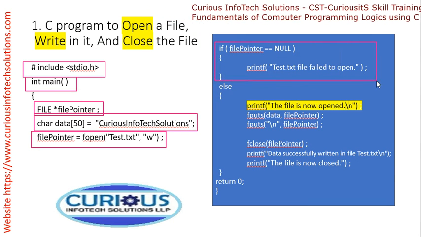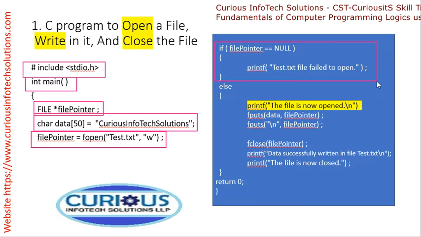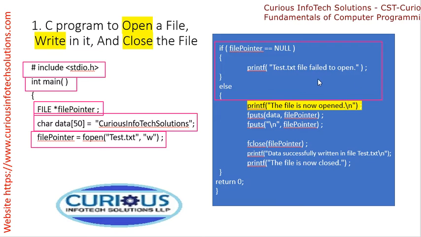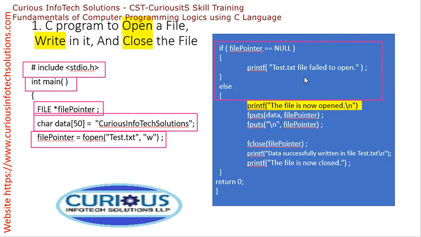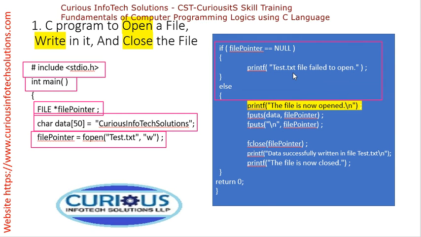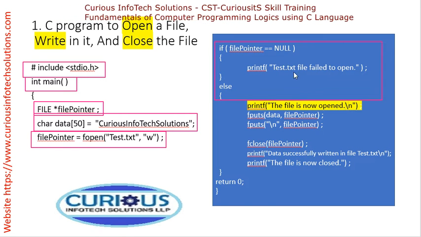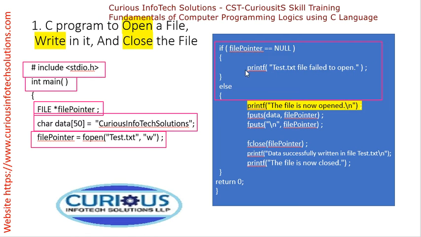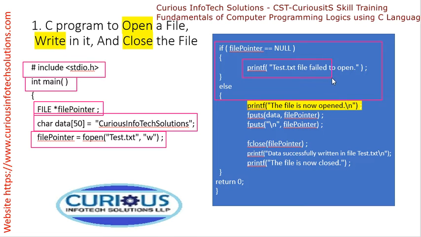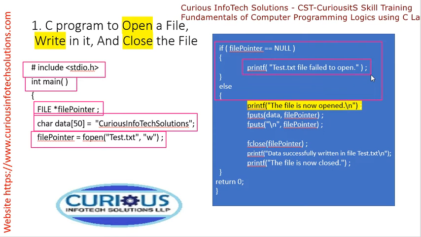Now this is one additional concept in the programming. We use this if you want to understand what happens if your file does not open. At that time we have to make a suitable message telling that it failed to open.